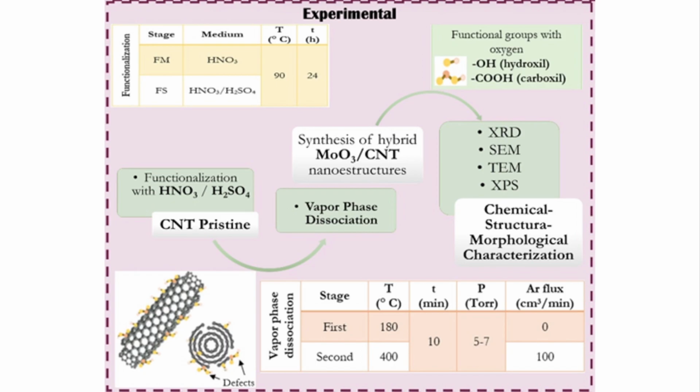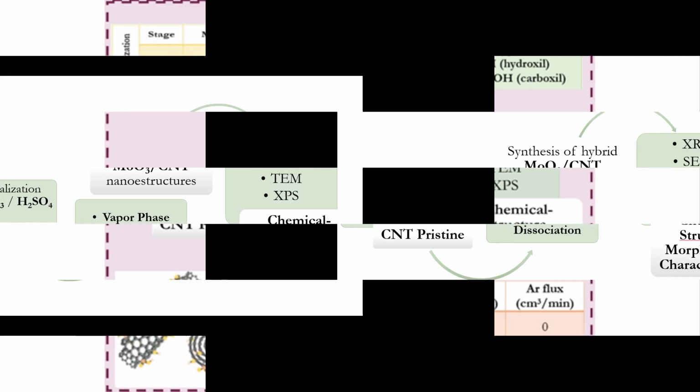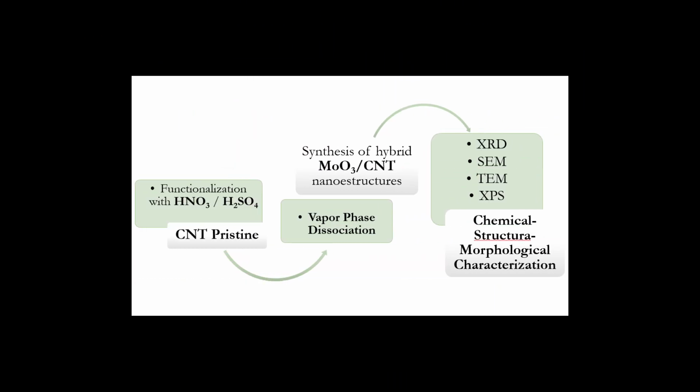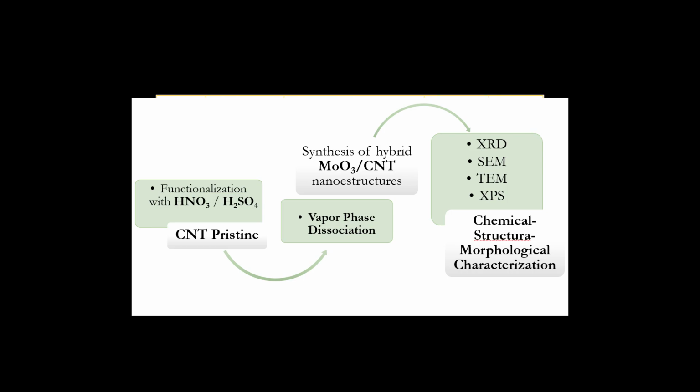The experimental part begins with the functionalization of carbon nanotubes used as a template for the growth of the molybdenum trioxide phase. Next, the functionalized carbon nanotubes were subjected to the vapor phase dissociation method for the formation of the molybdenum trioxide phase.